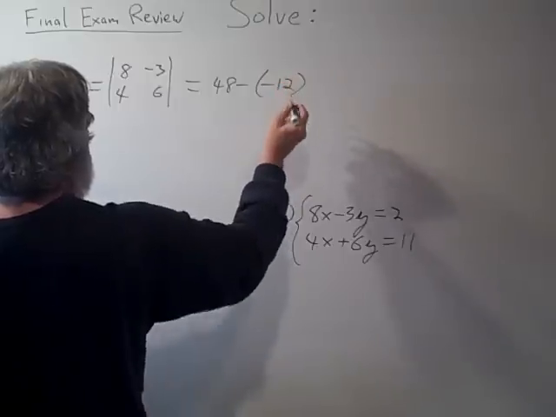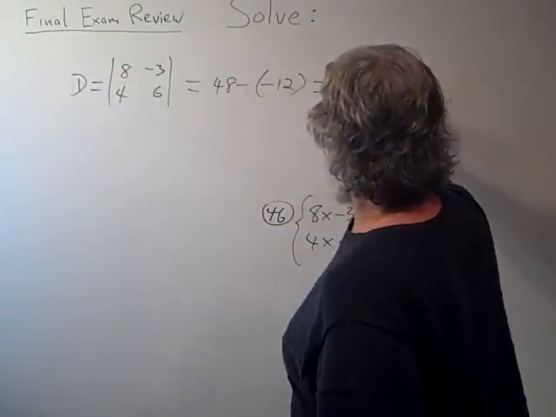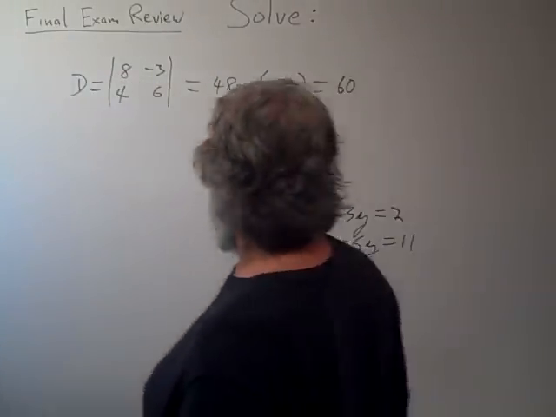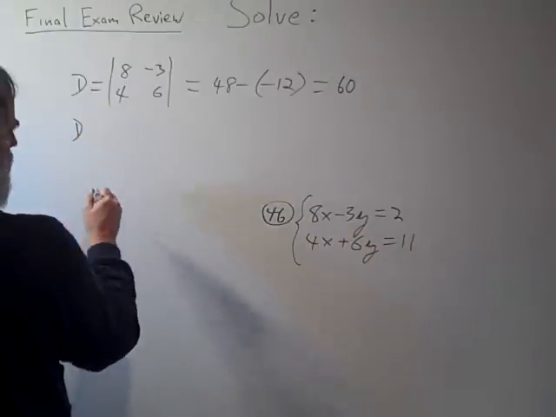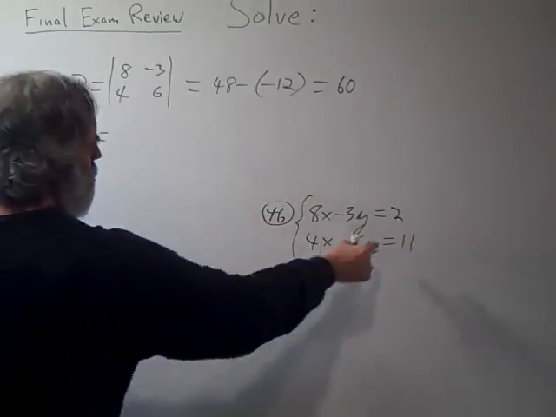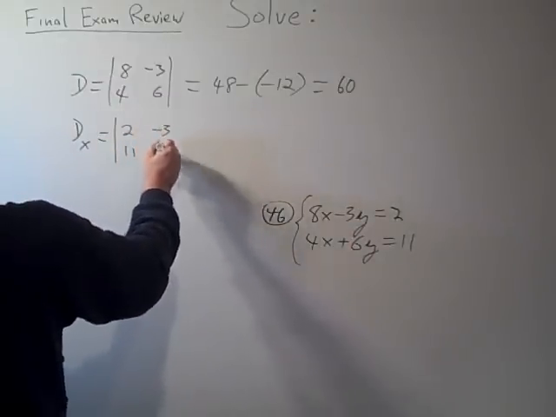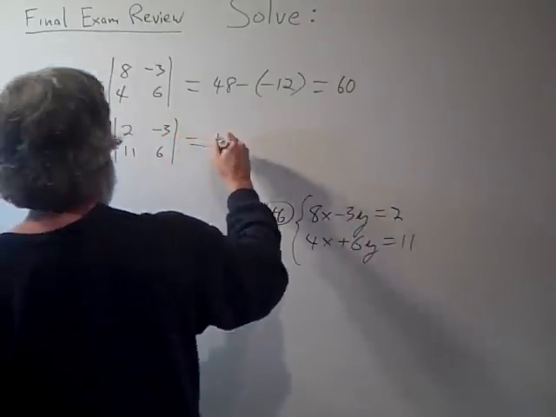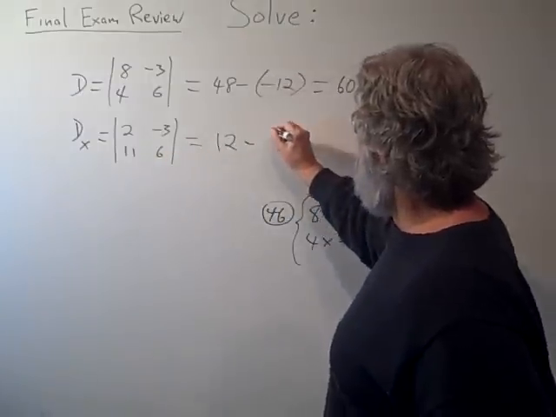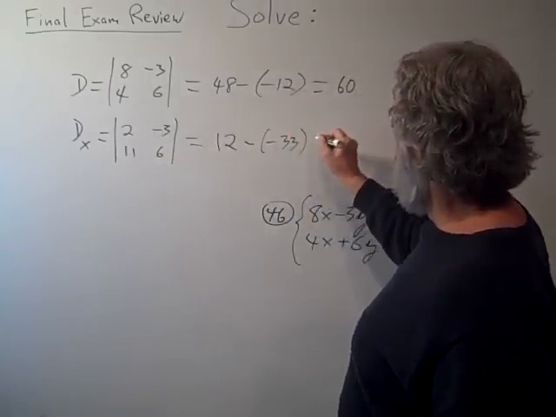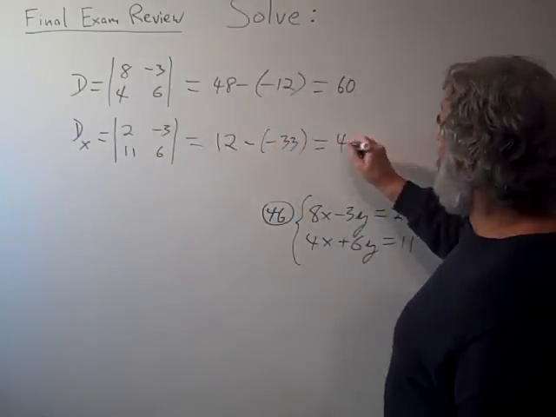Minus negative 12 is plus 12. So that adds up to 60. And D sub x we get by using 2, 11 covering the x column. 2 times 6 is 12, minus 11 times negative 3 is negative 33. That's 12 plus 33, or 45.